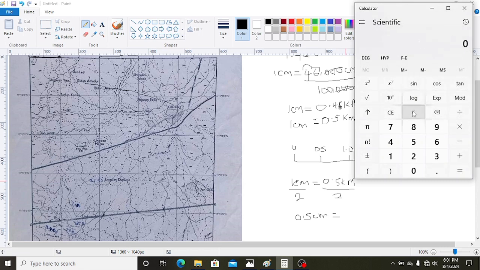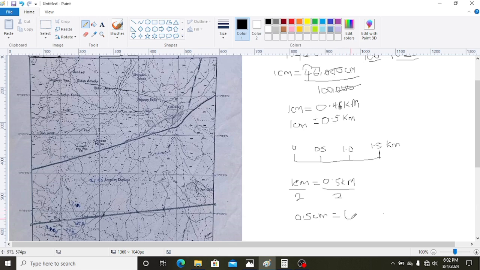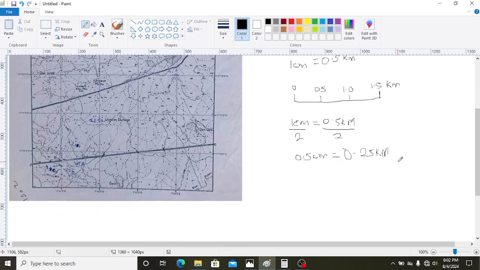0.5 divided by 2, we have 0.25. So we have 0.25 kilometer. This is what we're going to use to draw our linear scale. When it's 0.5 centimeter we draw here, it is 0.25 kilometer.